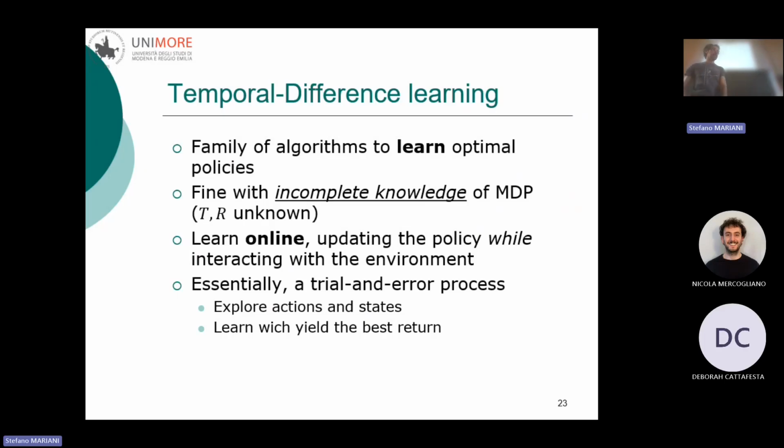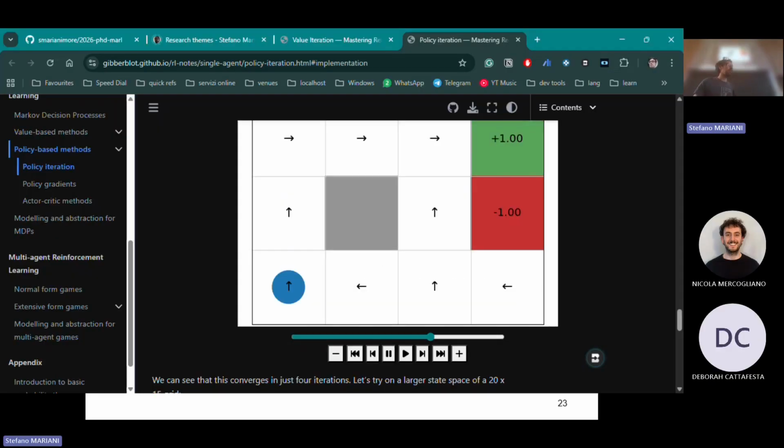And here is where the trial and error process that we mentioned in the very beginning with the first slide kicks in. If I cannot do these estimations, so if I don't know the state transition function, it means that I don't know what will happen to the environment if I choose the action go up. Obviously in this example it makes no sense.